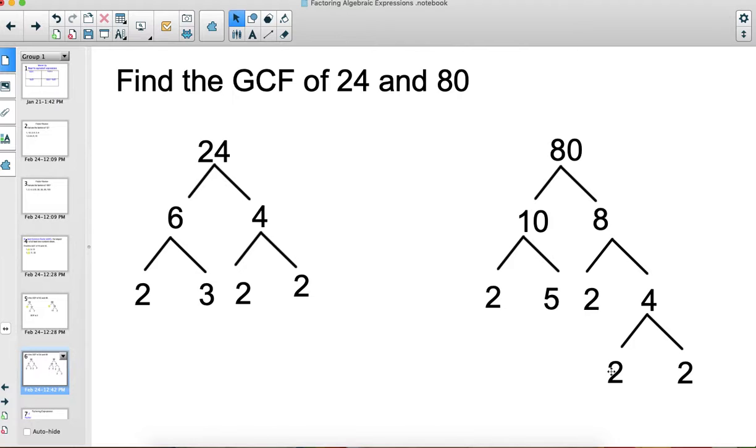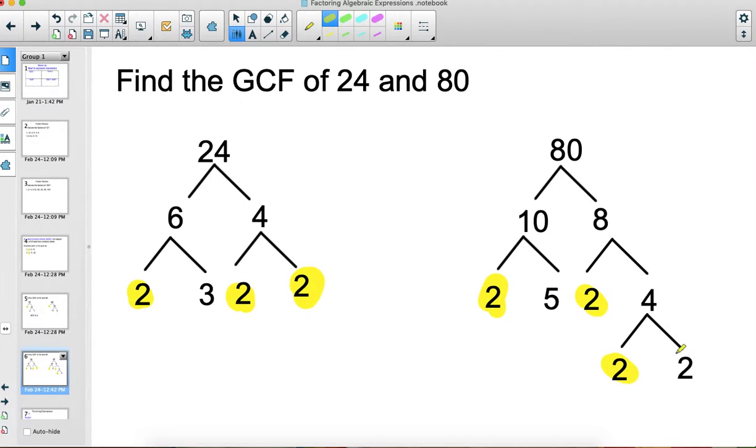All right, so this one's a little different because now they're going to have more than one number that they share. So looking over here, I see a 2. They share 2. 3, there's no 3s over here. There's another 2. So they're sharing 2 2s. And then they have another set of 2s on each one.